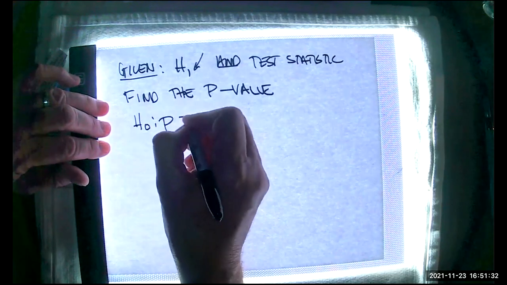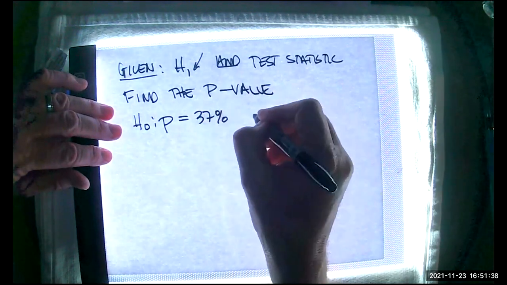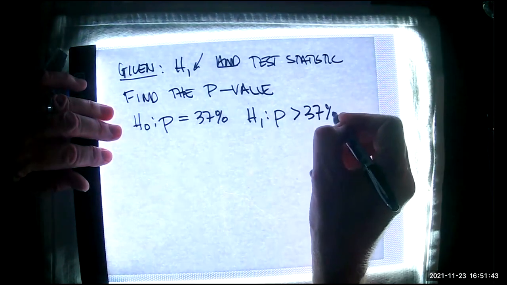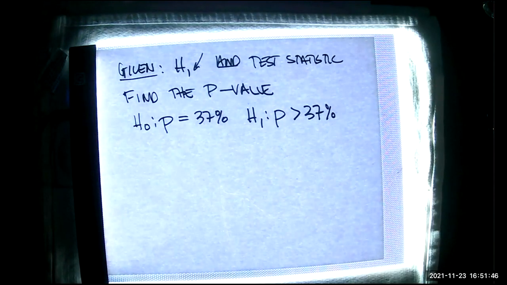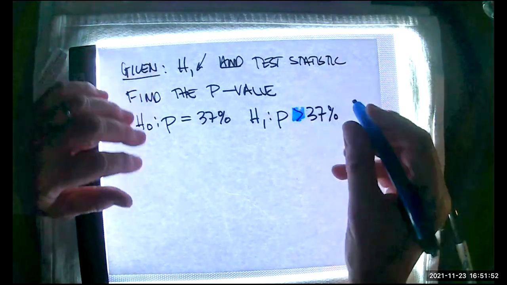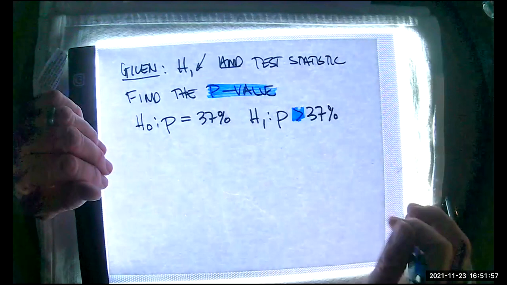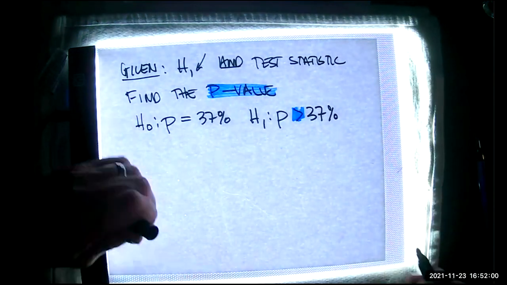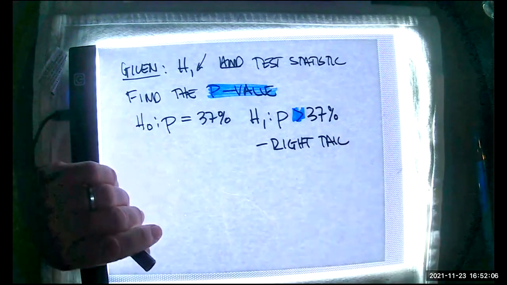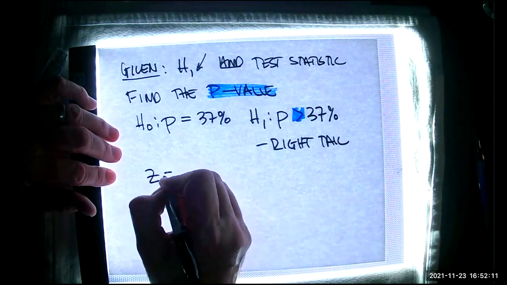We have H naught, P equals 37%, and H1, P is greater than 37%. I need the alternative hypothesis because I need to determine the test. The test is what I'll need to know, the type of test: left tail, right tail, or two tail. And I need my test statistic.